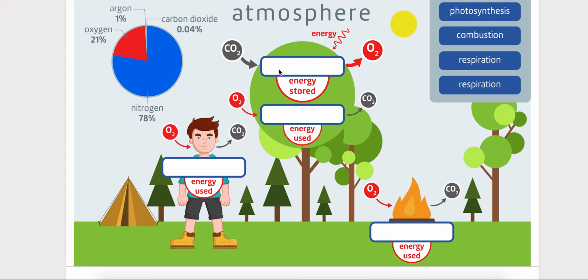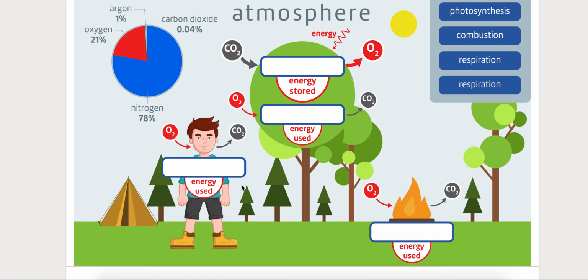These two here, this top option and this bottom option here, are very easily confused. So looking at the pathway of this reaction, whether you are starting with carbon dioxide and ending with oxygen, or starting with oxygen and ending with carbon dioxide, dictates whether the top option is going to be photosynthesis or respiration, and the bottom whether it is photosynthesis or respiration.